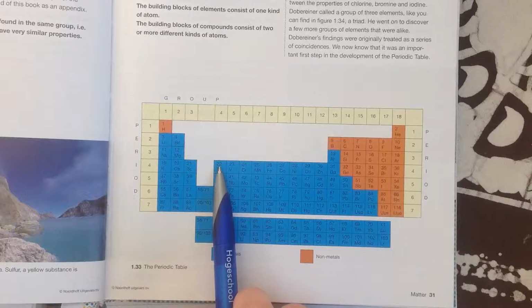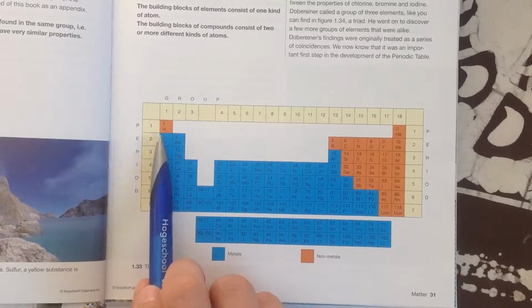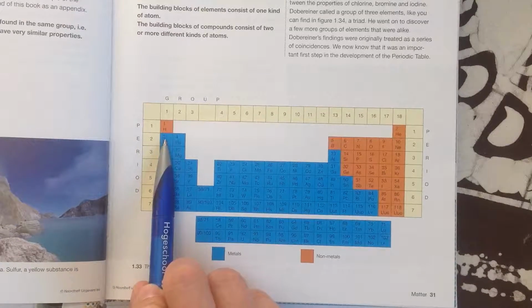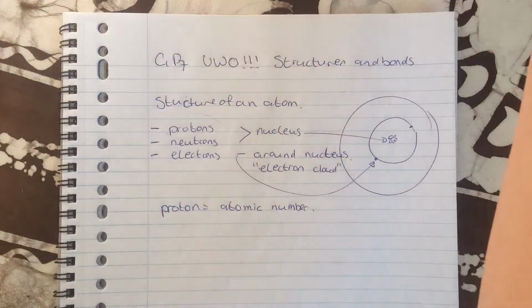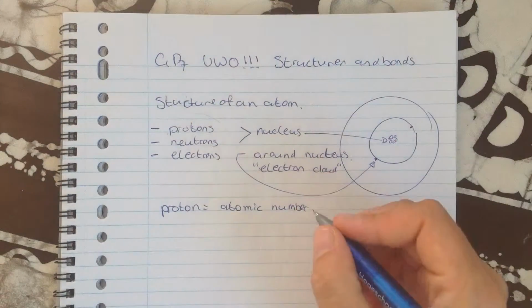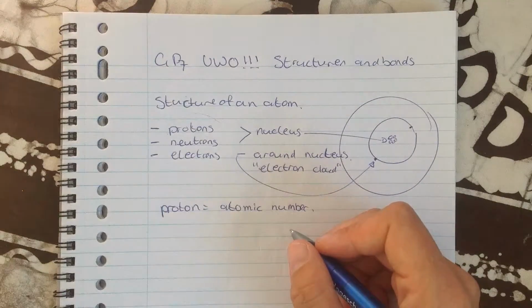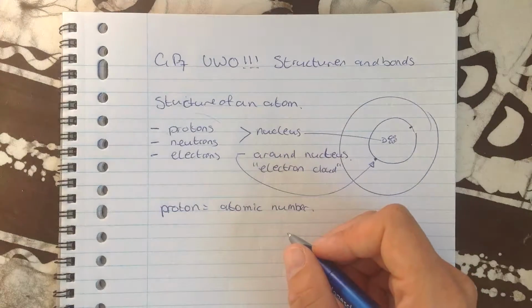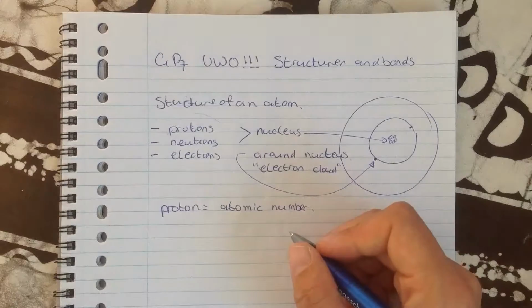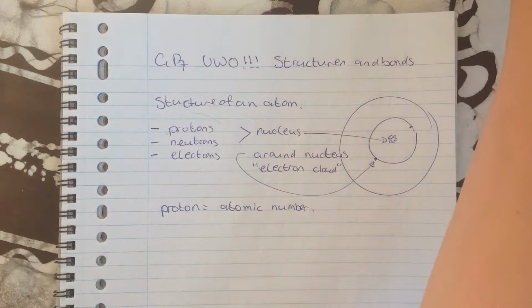Those are atomic numbers, and that is the number of protons in an atom. So lithium has 3 protons. The number of protons is always equal to the atomic number. There's never ever an exception.